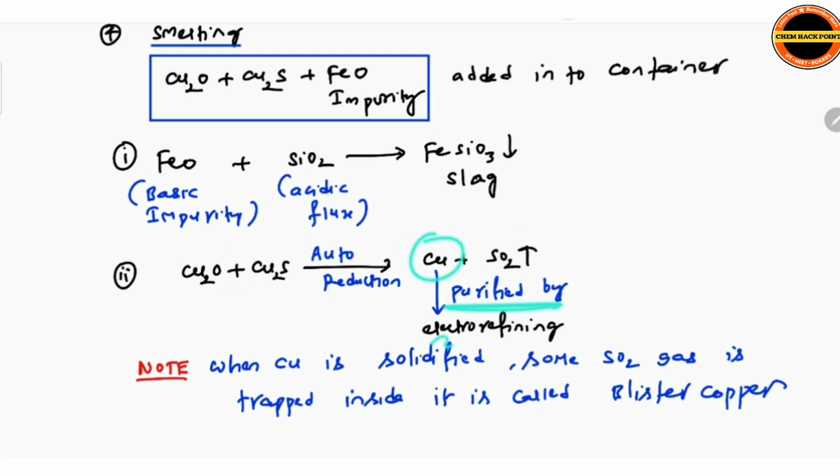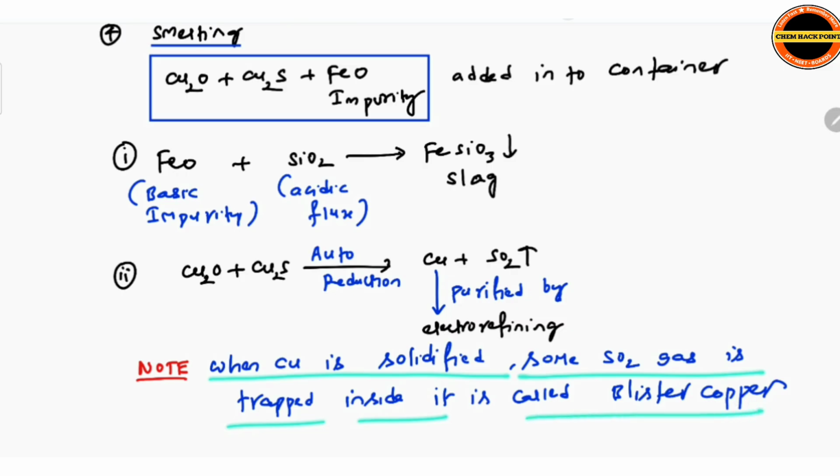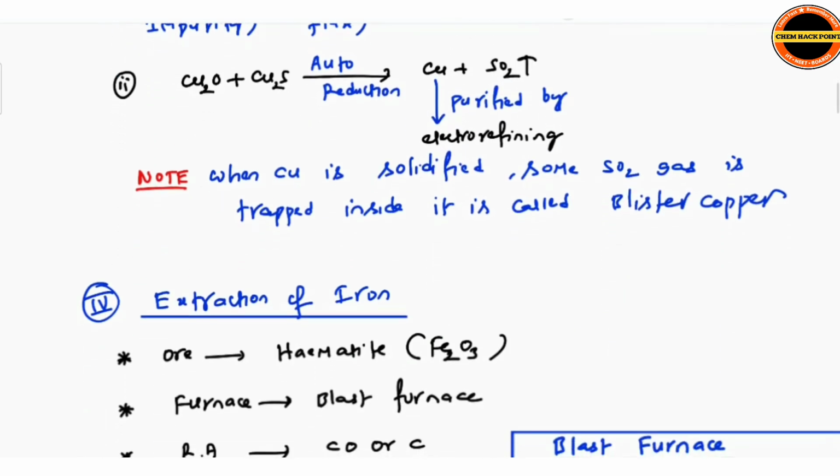Cu is purified by electrorefining. Remember, when Cu solidifies, some SO2 gas is trapped inside it, which is called blister copper. Blister copper means copper which has SO2 gas trapped in it.